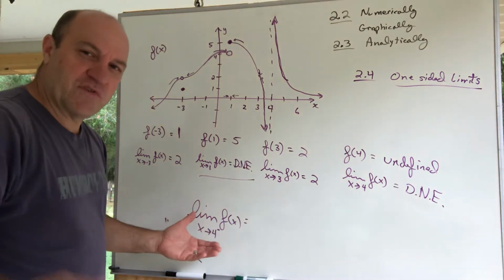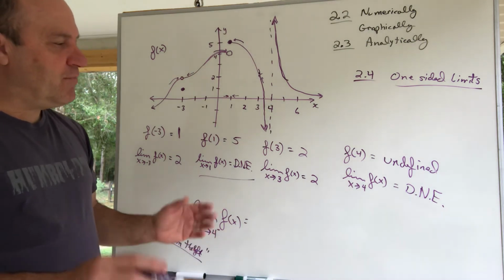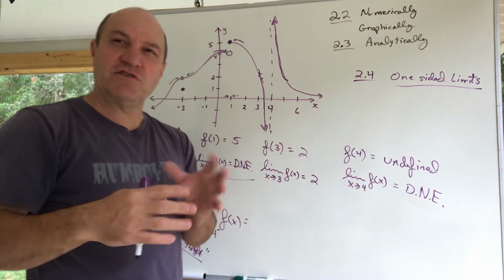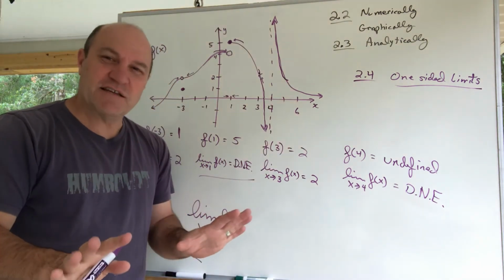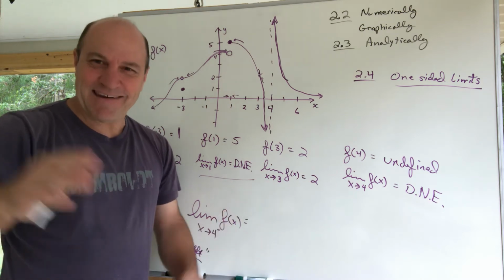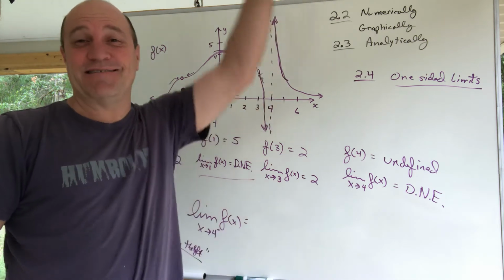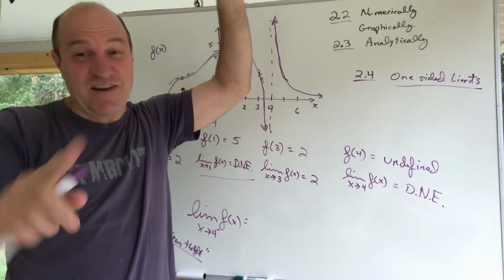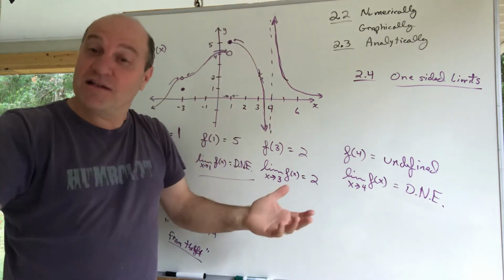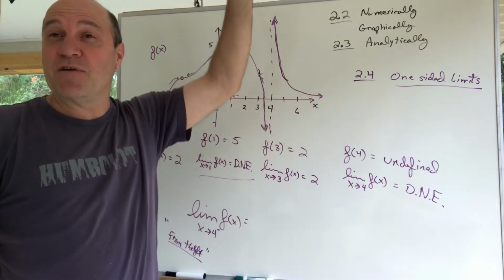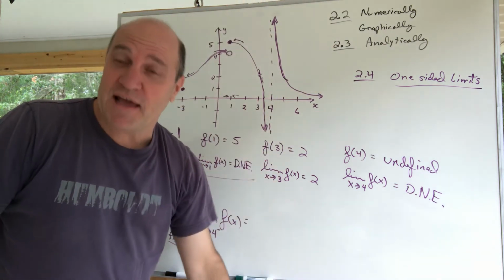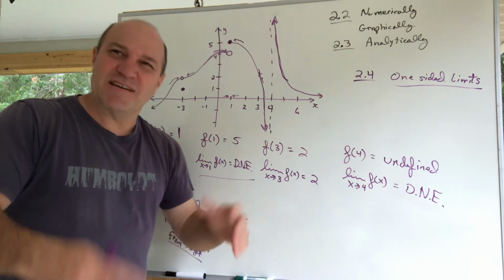But I might argue with the book a little bit here. When your book thinks the answer is infinity, they start off by saying that doesn't exist. And I kind of get it. If it's headed toward infinity, the y value doesn't exist. We're just headed toward infinity. Infinity is not a number. It's more of a concept that it keeps getting higher and higher, or keeps getting lower and lower to negative infinity. So it does not exist.